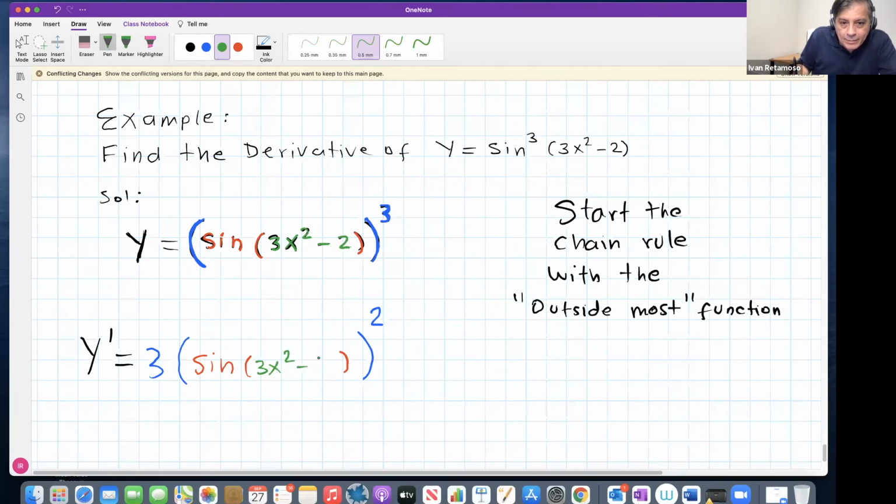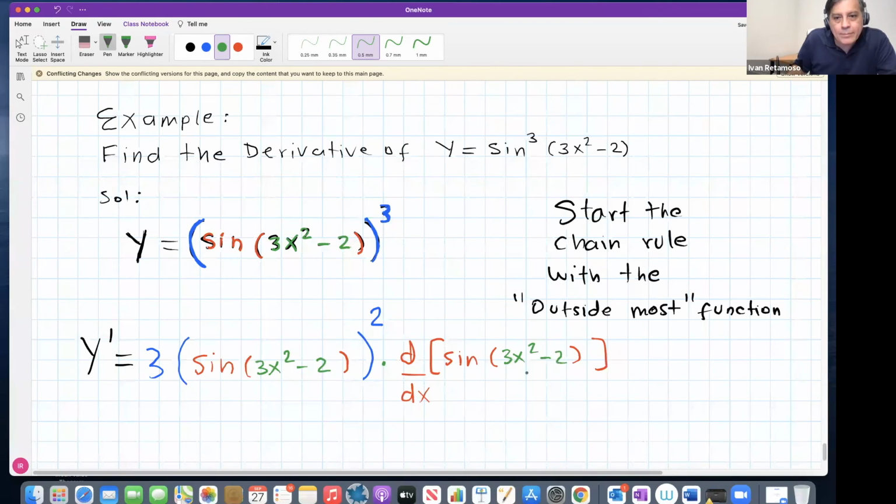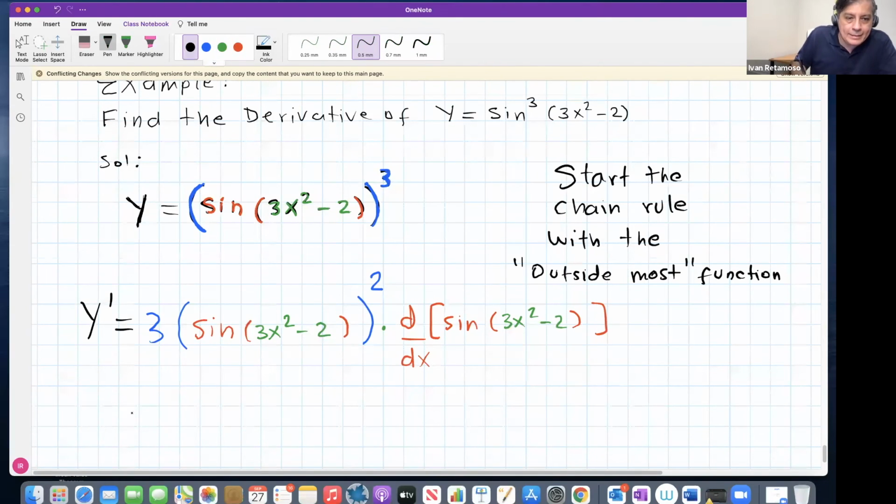And then remember the chain rule says that you are supposed to multiply this by the derivative of this guy, right? But isn't it true, guys, that this guy is itself another composite function on its own right? So it means that we have to apply the chain rule again here, right? So this is why we said this is the application of the chain rule twice.